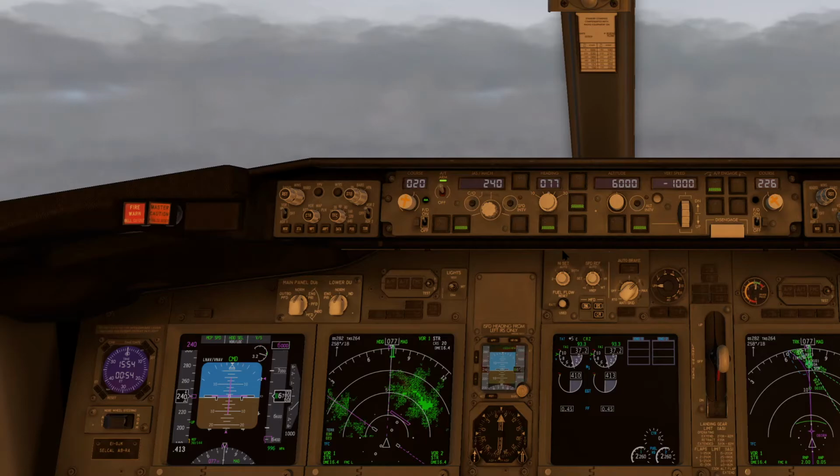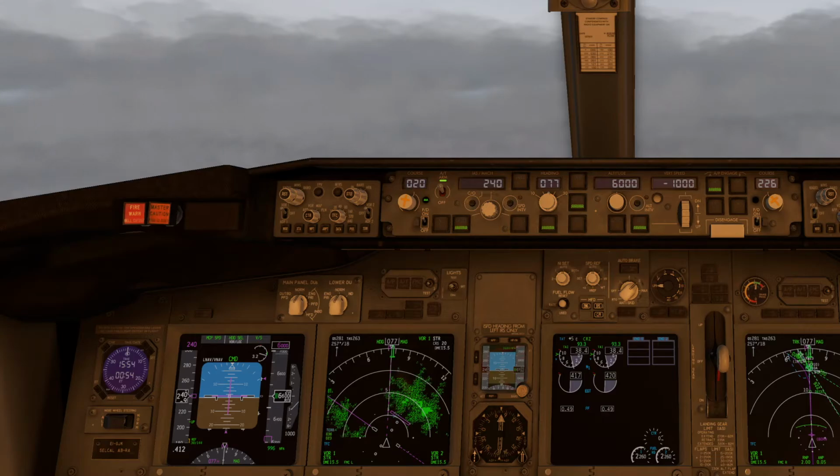And we are now reaching flight level 60 or altitude 6,000 feet. 15 DME, so the needle is still 2 dot deviation.